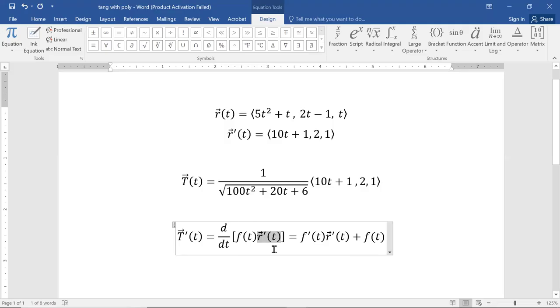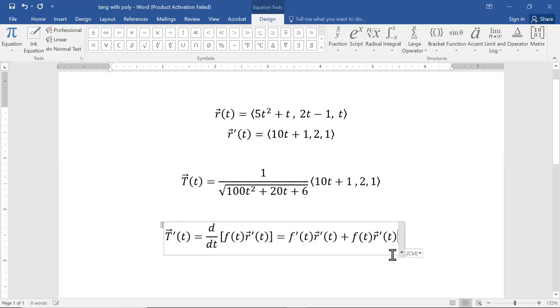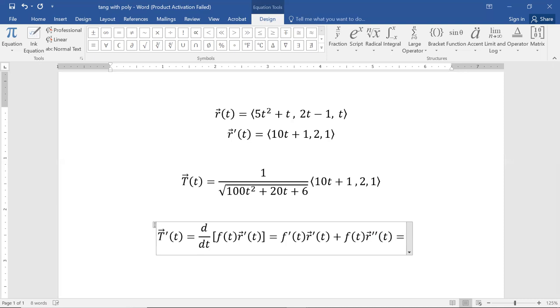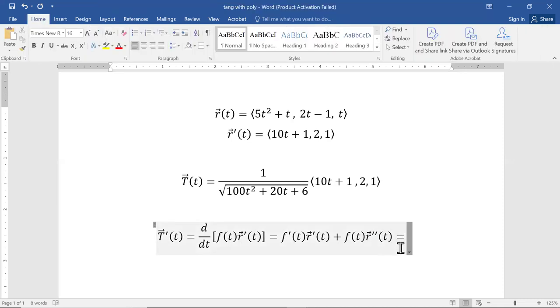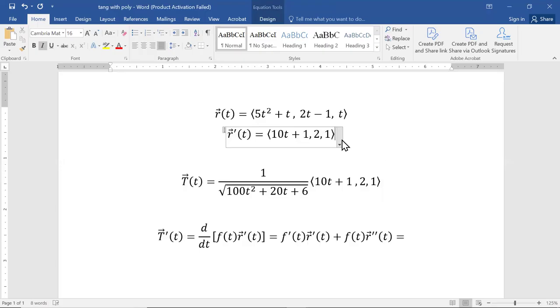The derivative of this function is the second derivative of r, so the second derivative of r of t. Okay, so I'm going to use the product rule in order to try to make my work a little bit easier. Sometimes that works out, sometimes that doesn't work out.